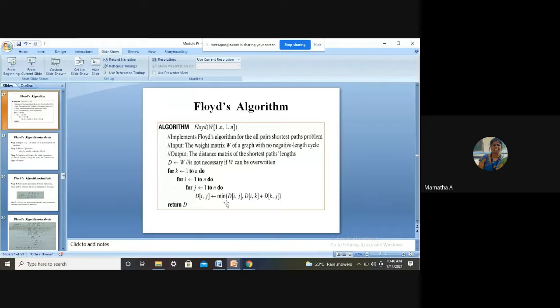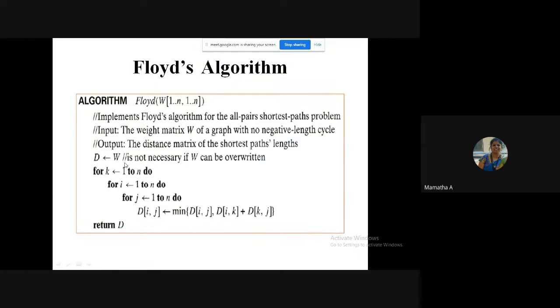No, here in Floyd's. In Floyd's, which is the basic operation here? The statement you tell, which is the basic operation statement.